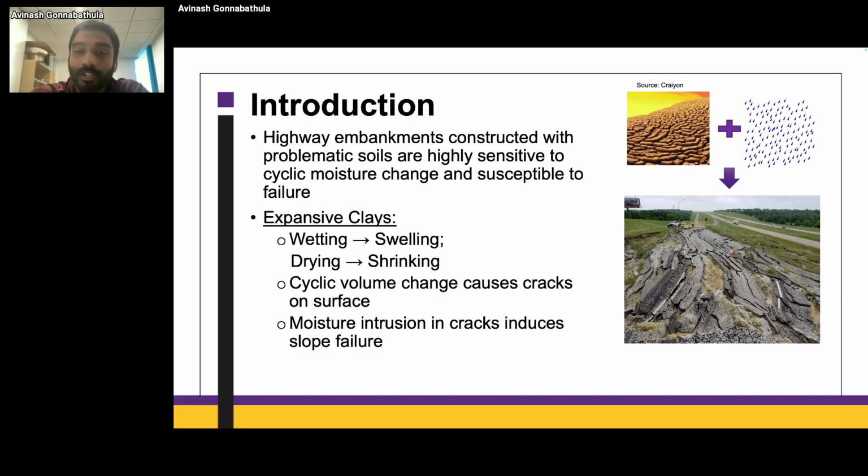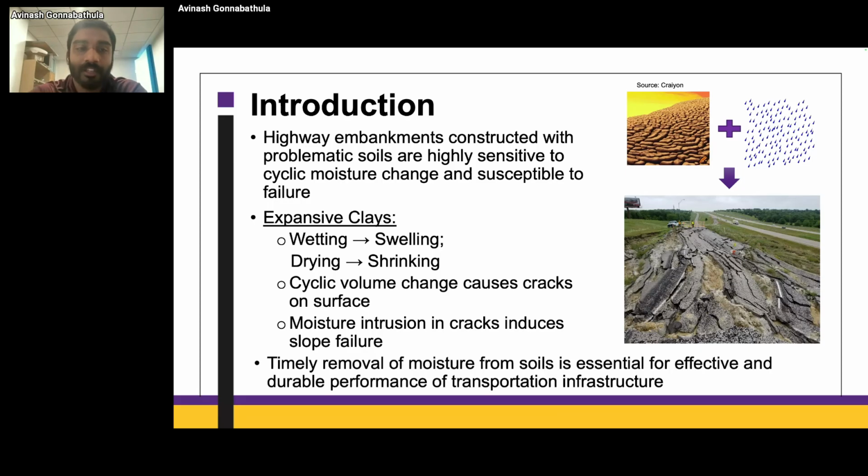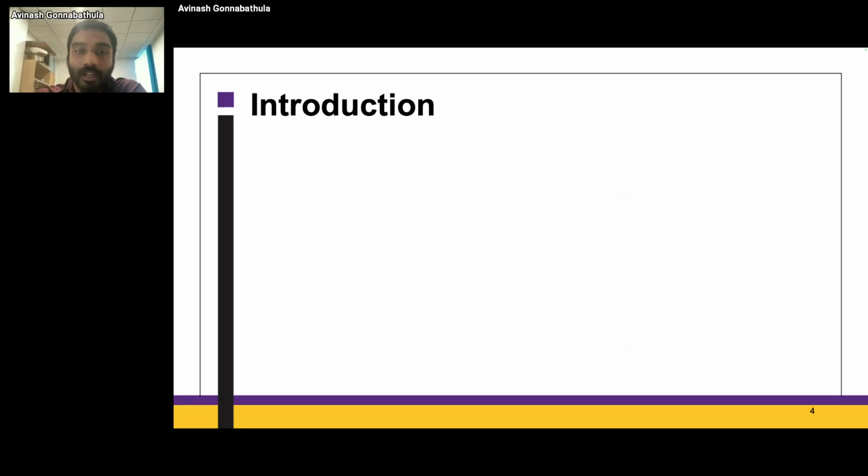This is one of the slope failures observed in Texas. Since Texas is rich in expansive soils, this is a frequently occurring problem. Hence, timely removal of moisture from soil is essential for effective and durable performance of any transportation infrastructure, including pavements and embankments.